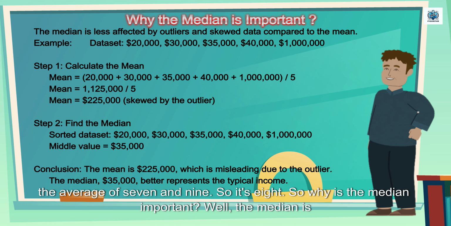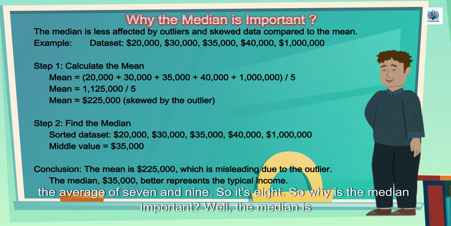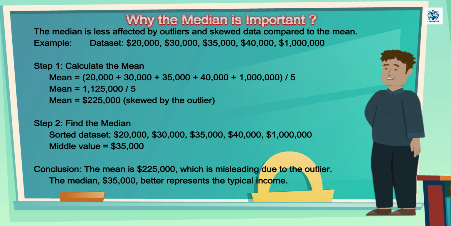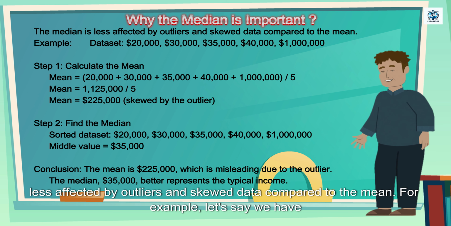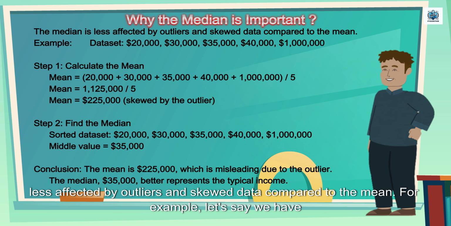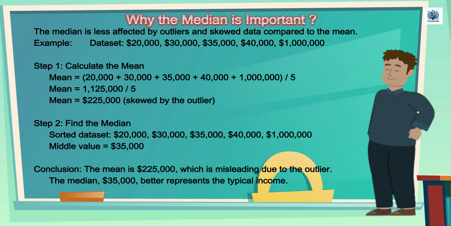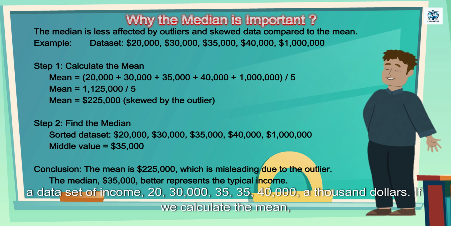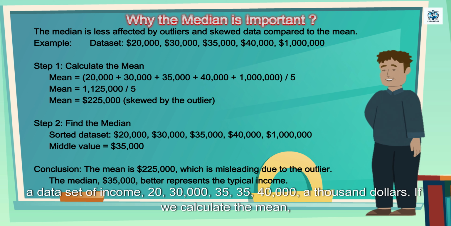So why is the median important? Well, the median is less affected by outliers and skewed data compared to the mean. For example, let's say we have a data set of incomes: $20,000, $30,000, $35,000, $40,000, and $1,000,000.